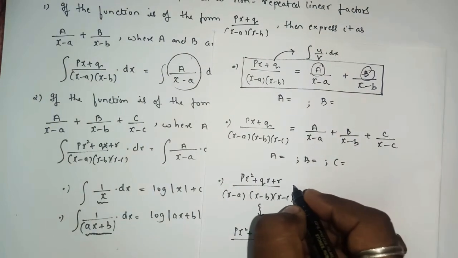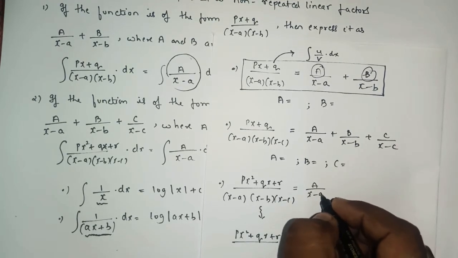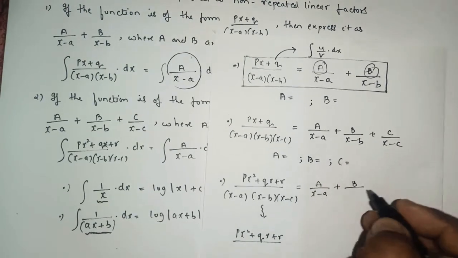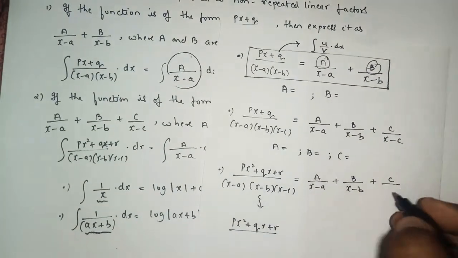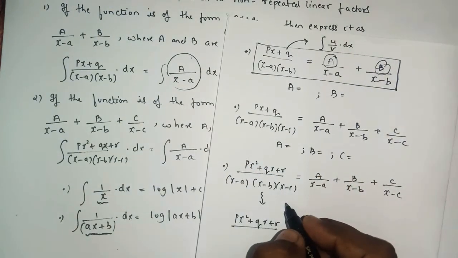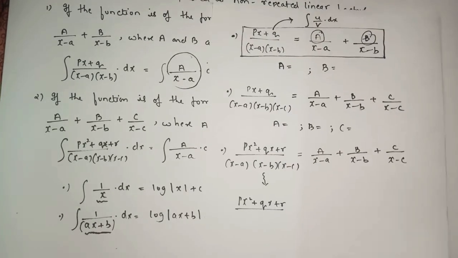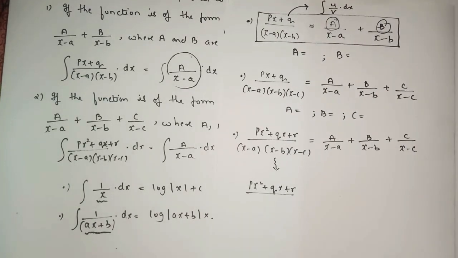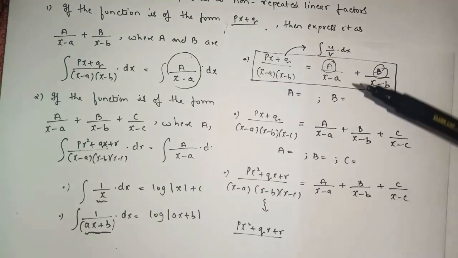So again it can be expressed as a upon x minus a plus b upon x minus b plus c upon x minus c. Here also you will solve this part where you will get the values. Okay, so you have to remember these three subtypes.